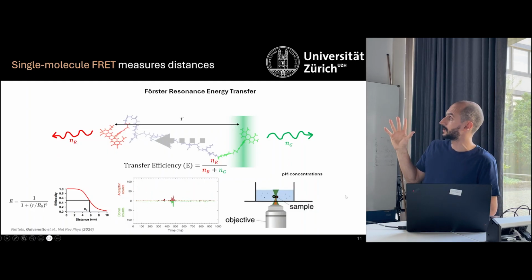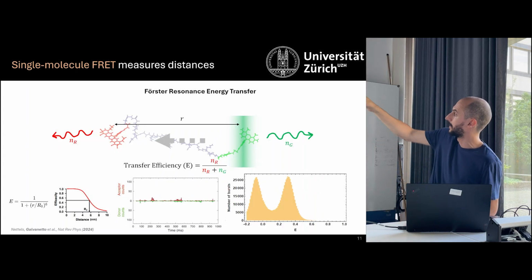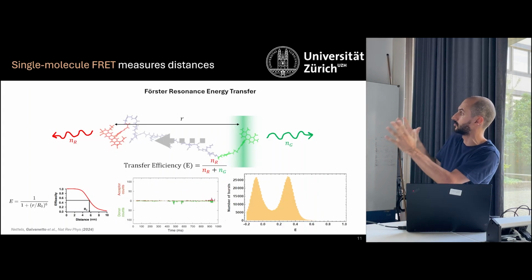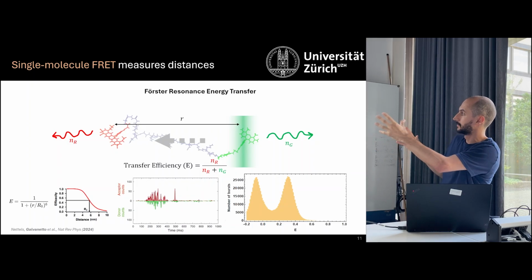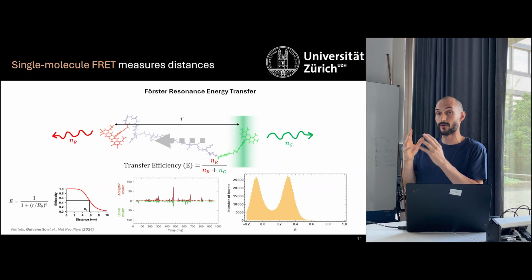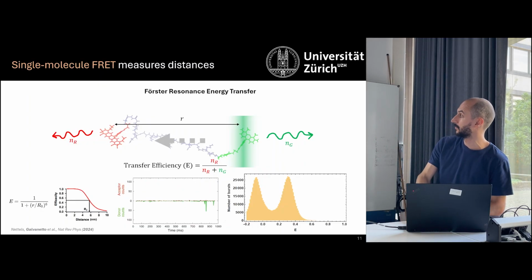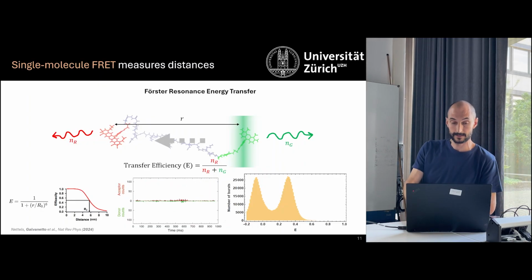So from each burst, we can really get a transfer efficiency value and plug it into this histogram that has two peaks. The one close to 0 is called the donor-only peak, which is for molecules that don't have an acceptor. And then what we care about is the peak above 0, which tells us quantitatively the distances between the fluorophores.